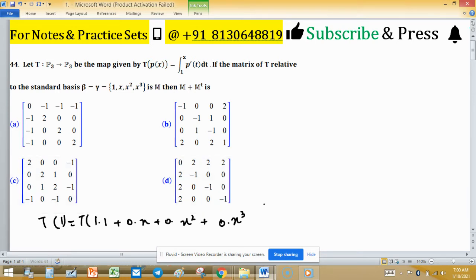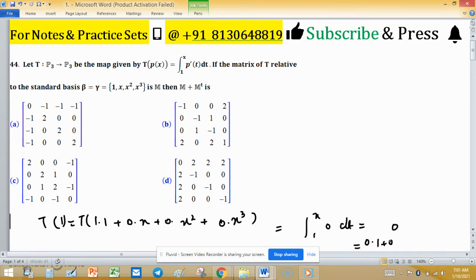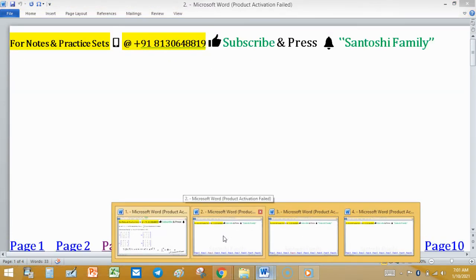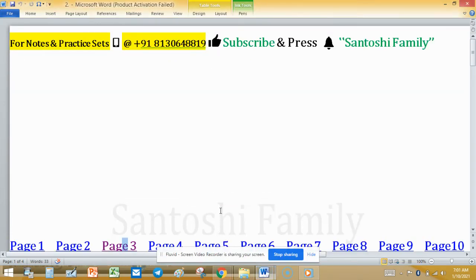T treats the polynomial in terms of integration, so it will be integral from 1 to x of its derivative, which is 0. So 0 into dt. Now it will be 0, and you can write 0 as 0 into 1 plus 0 into x plus 0 into x square plus 0 into x cube. So our first column is 0 0 0 0 in matrix representation.